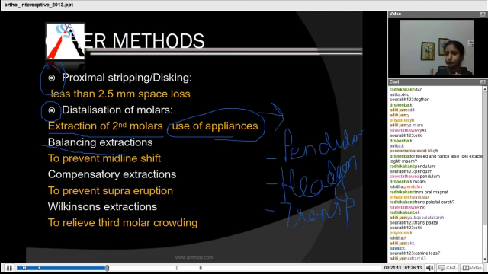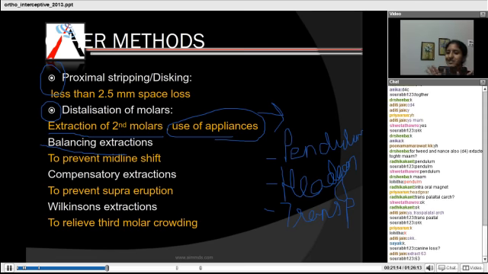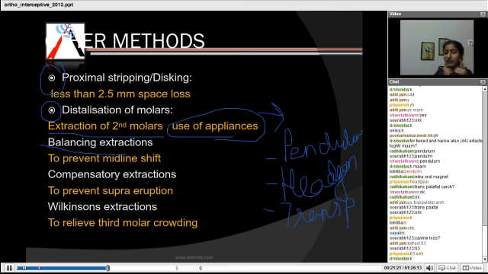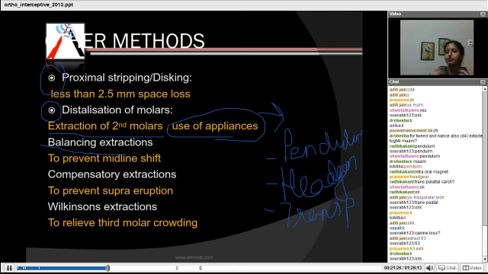What will you do? Yes, you will only extract 6-3. You will do just the first part of serial extraction and wait. That is to prevent midline shift, because if one tooth is lost and the same tooth on the other side of the arch is not lost for 3 months, 6 months, 10 months, it is better to extract it and prevent midline shift. That is balancing extraction.